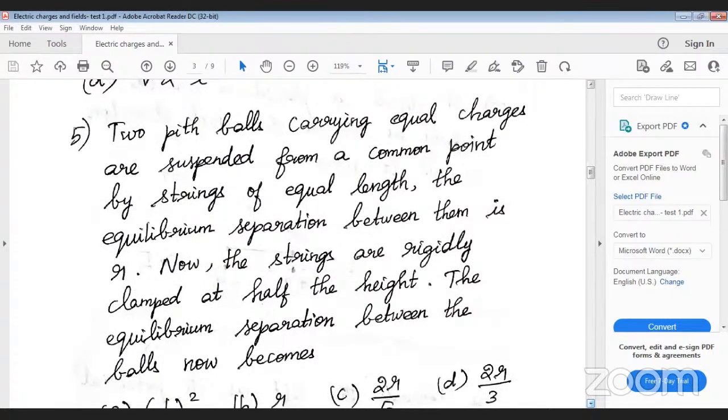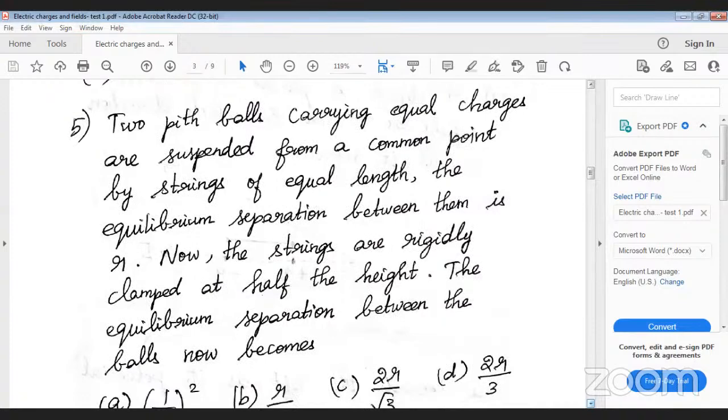Pith balls means they are spherical in shape. So two pith balls carrying equal charges are suspended from a common point by strings of equal length. The equilibrium separation between them is small r. Now the strings are rigidly clamped at half the height. So the equilibrium separation between the balls now becomes.